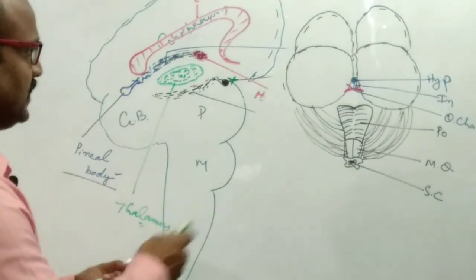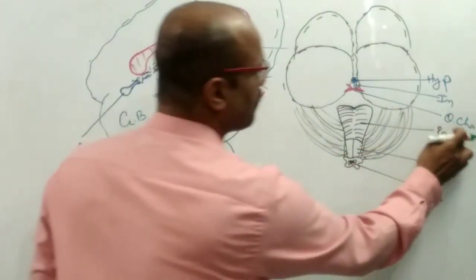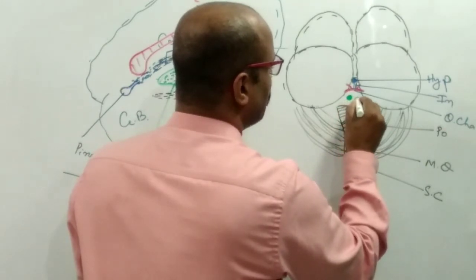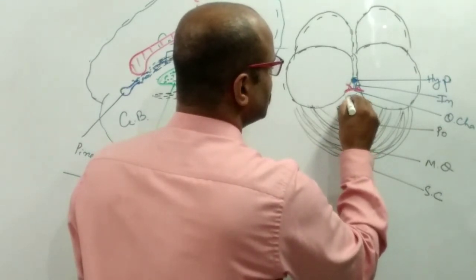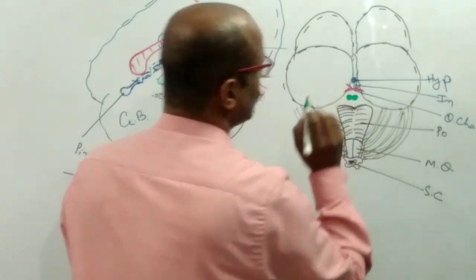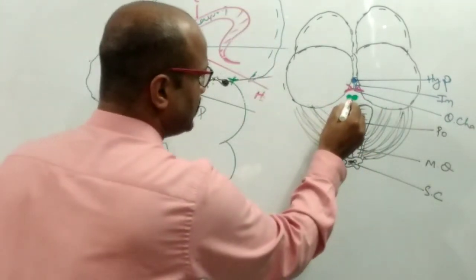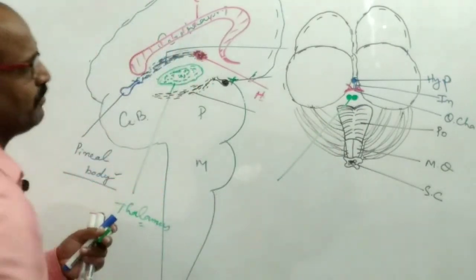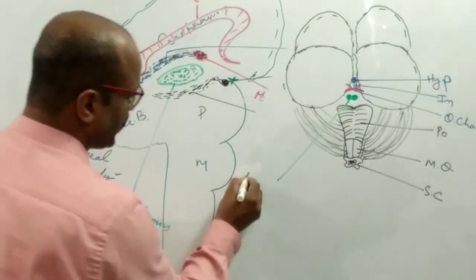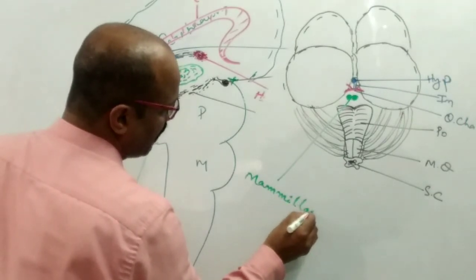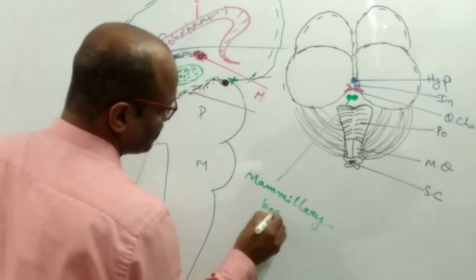Behind the optic chiasma, there is one pair of swollen bodies, which are known as the mammillary bodies.